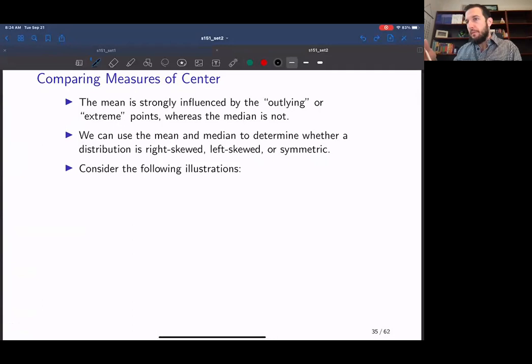I mentioned before that the median is most appropriate when the data is skewed, and the mean is most appropriate when the data is symmetric. So being able to describe the shape of the distribution of the data set is valuable because it can inform our choice of center.